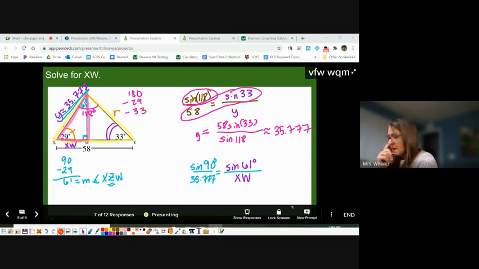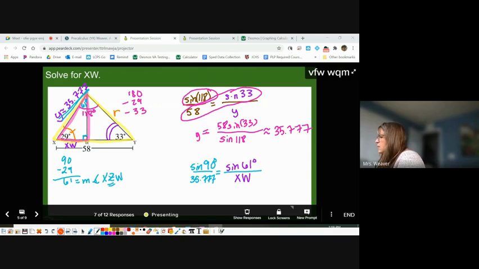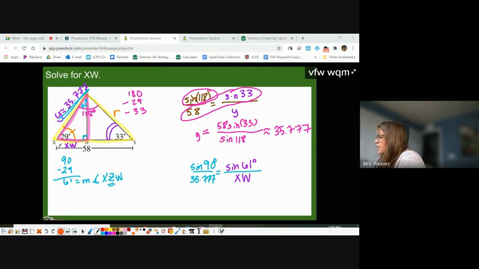Okay, now, because it's a right triangle, Anaf remembered that we could also do right triangle trig, which is SOHCAHTOA. So relative to the 29-degree angle we already knew, if you didn't want to subtract and find the third angle, relative to that 29, we wanted the adjacent side, and we knew the hypotenuse. And which of our trig functions uses adjacent and hypotenuse? Anaf was right. That was cosine.